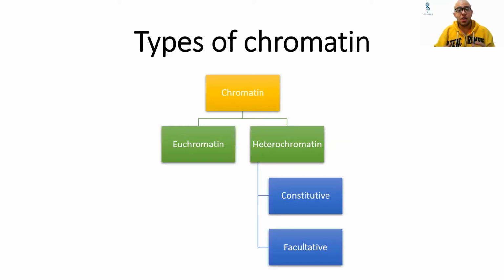So essentially, these are regions where there's compaction and no expression of the genes that are present within these regions. This is oversimplifying it. However, there's no expression, and when the right signal is given, this is going to be turning into euchromatin, facilitating and allowing the expression of genes that are present within these regions.